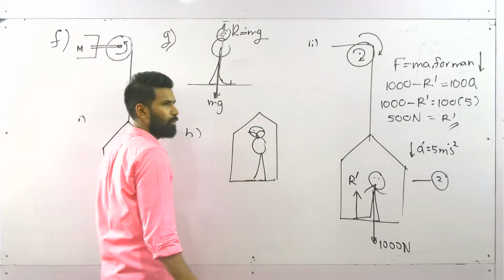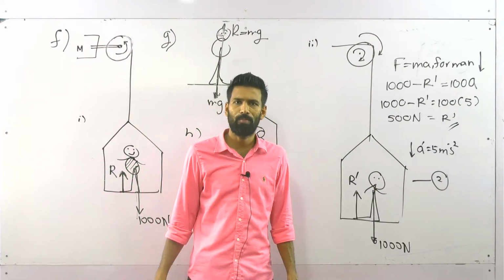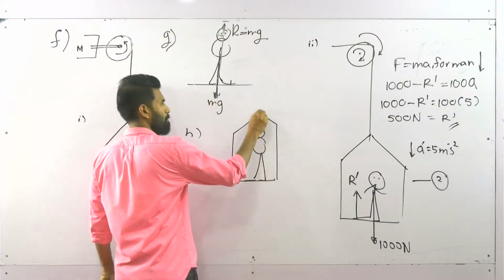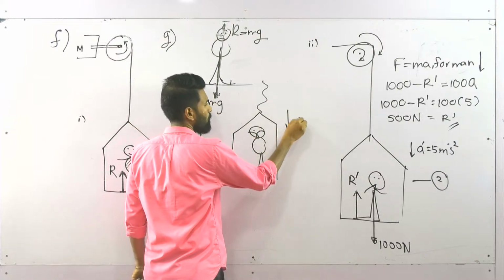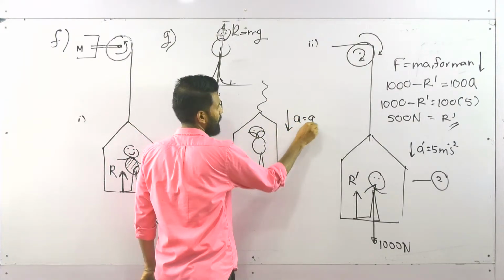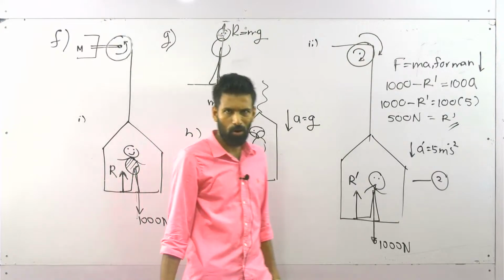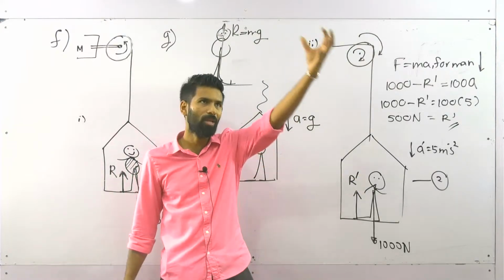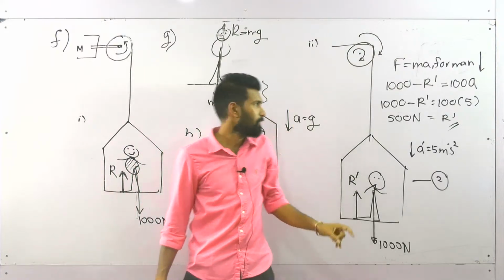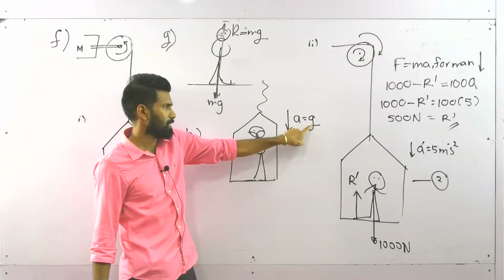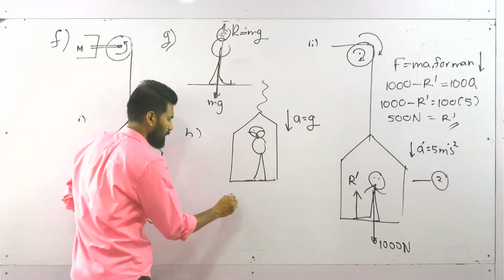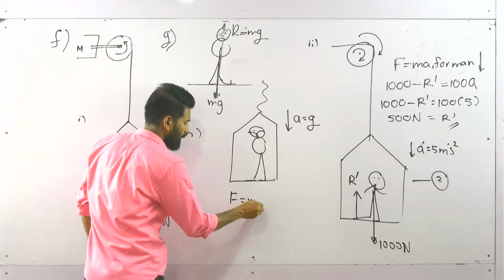Suddenly the lift broke. If the cable breaks and the lift is moving down with the acceleration of gravity. The cable was broken and now the lift is moving down freely with the acceleration of gravity. Let's apply F equals ma for a situation like that.